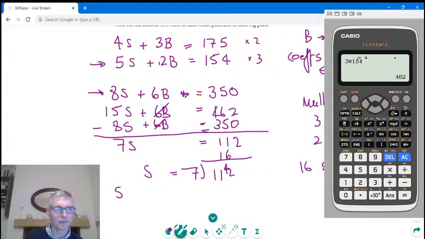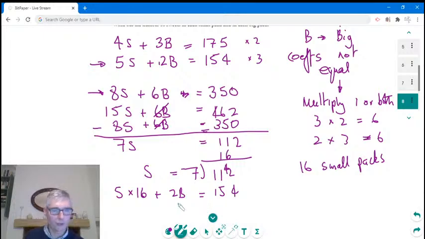We'll get 5 times 16 plus 2B equals 154. Just to make sure, I do this on the calculator, so 5 times the 16, it should be 80. Yep, 80. So 5 times the 16 is 80, plus the 2B is 154.